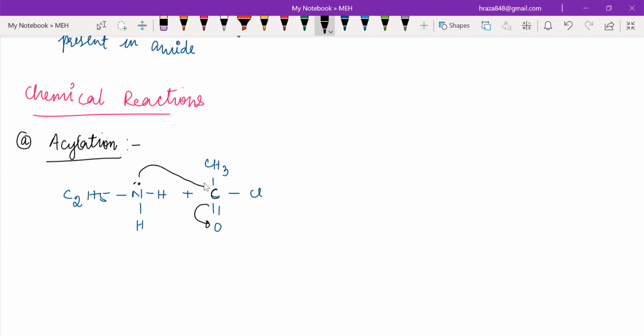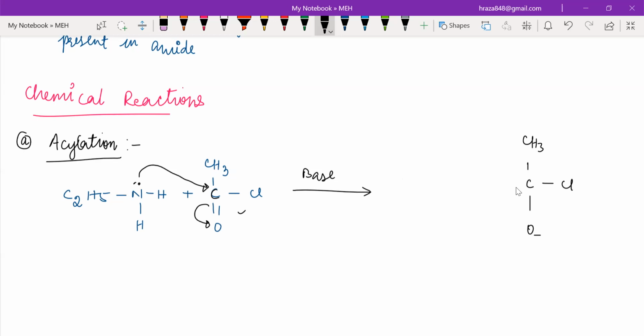So it will attack on carbon to satisfy it. And this reaction will take place in the presence of base. So I'm going to write this first. CCl O will have a negative sign because it took electrons from carbon, and CH3 as it is.